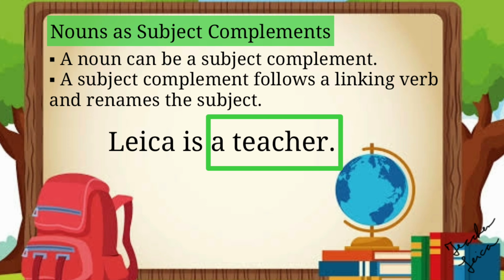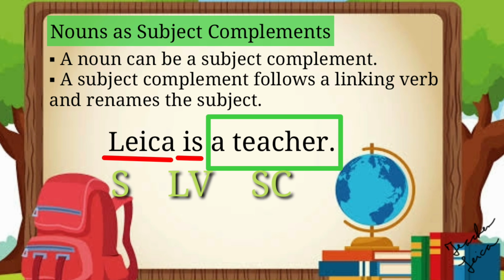Subject complements normally follow linking verbs like to be, become, or seem. A teacher is what Leica is. So Leica is the subject, is is the linking verb, and a teacher is the subject complement. So in this example, the noun teacher is used as a subject complement.